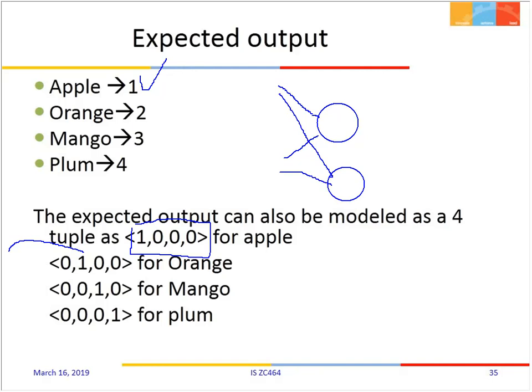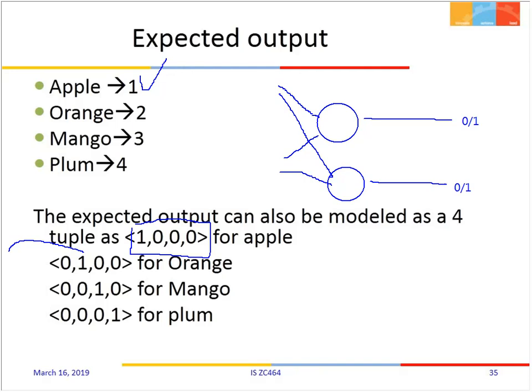Then I would have started classifying my output not just as 1, 0, 0, 0. I would have said that my apple class should be represented by the bit string 0, 0, where I would expect the first output line to produce a 0 and the second output line also to produce a 0. Similarly, for orange, I should get something like 0 and 1.